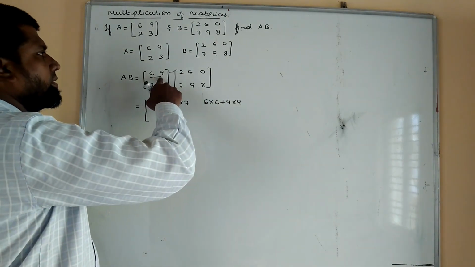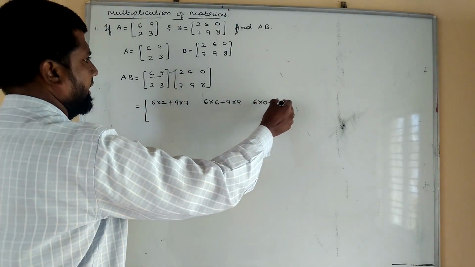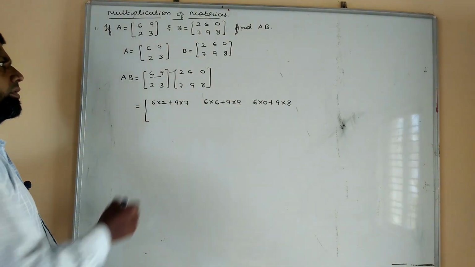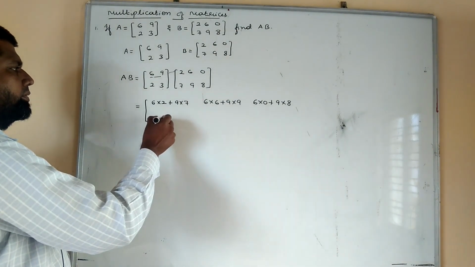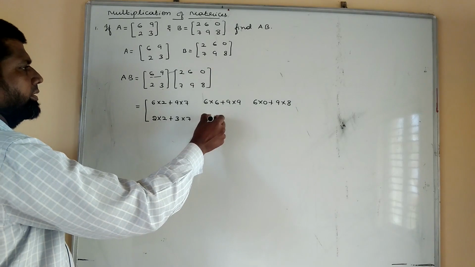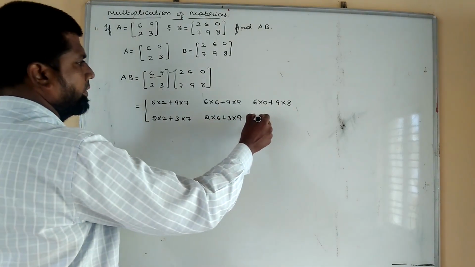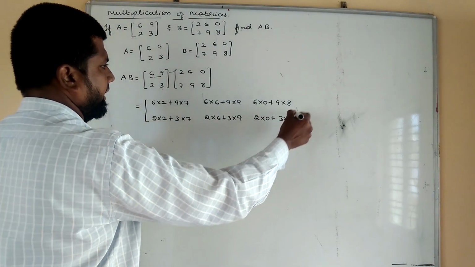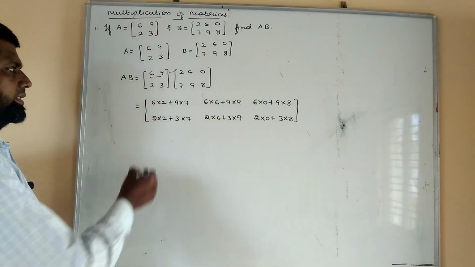Next, first row, third column: 6 into 0 plus 9 into 8. So let us go for the next row. Second row, first column: 2 into 2 plus 3 into 7. Then 2 into 6 plus 3 into 9. Then 2 into 0 plus 3 into 8. So this is the method of multiplication of matrices.